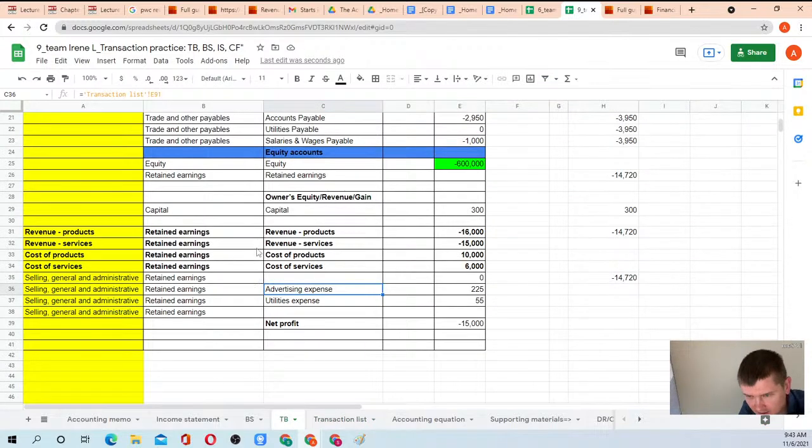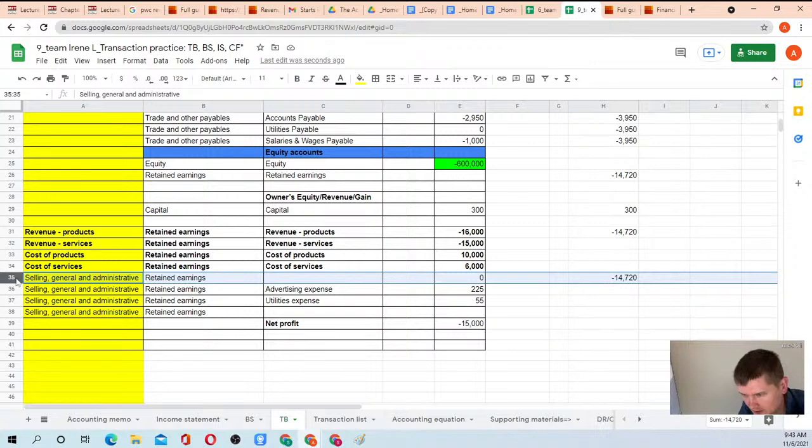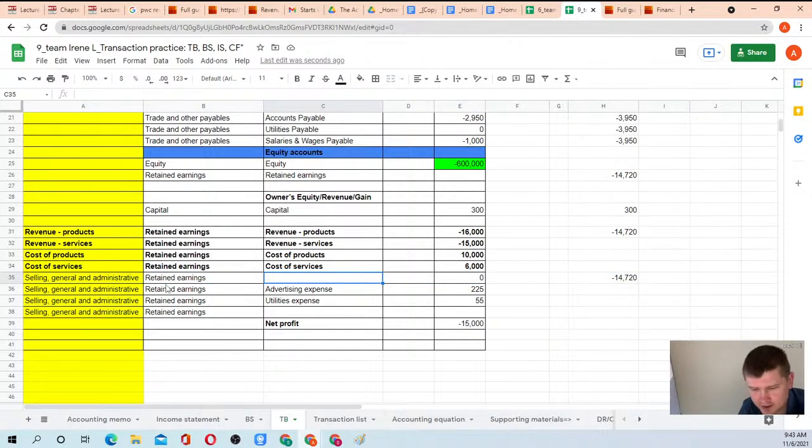Let's see if we have it on the trial balance. Okay, it doesn't look like we have it. Depending on the circumstances, it can probably be allocated directly to goods or services, or we can just keep it in the selling, general and administrative expense.